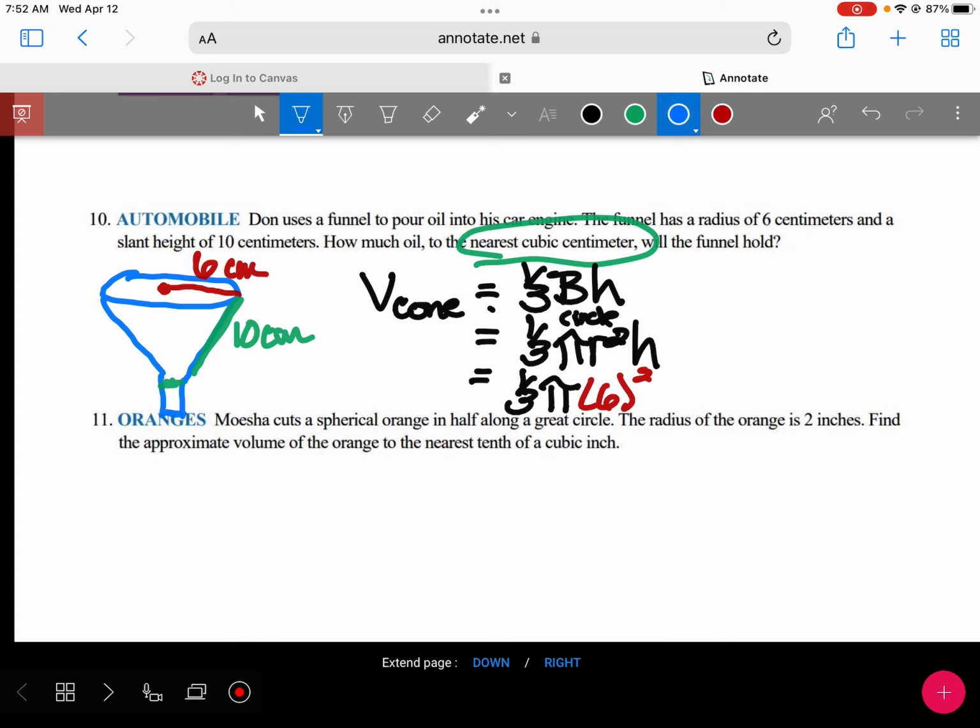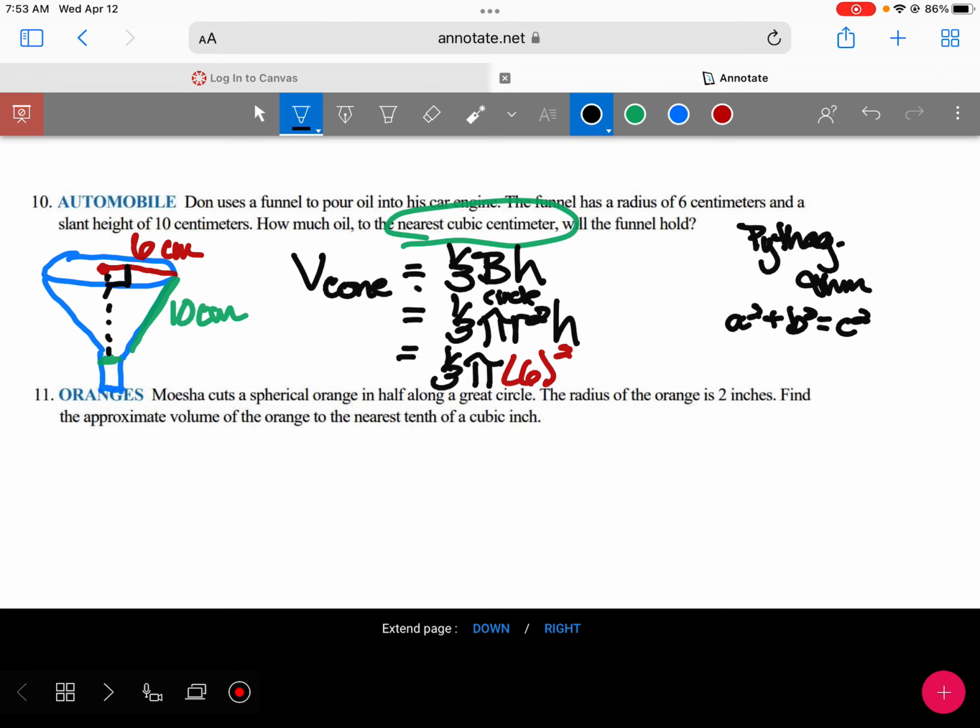Do I have a perpendicular height? Survey says no. So we get to use our favorite theorem, the Pythagorean theorem, which says, because I'm making an upside down right triangle here, a squared plus b squared equals c squared.